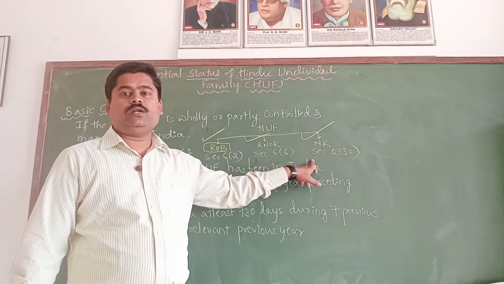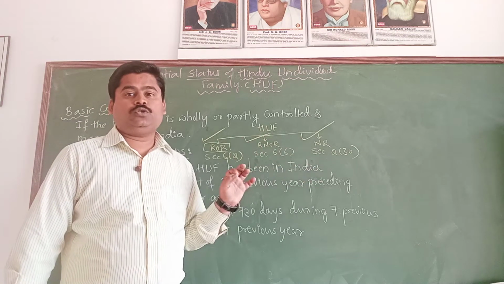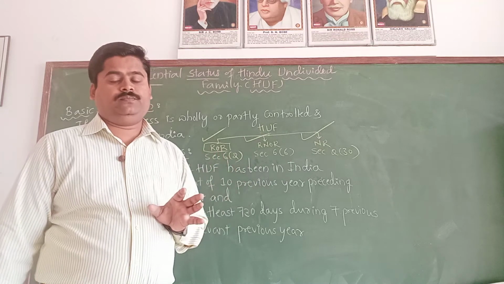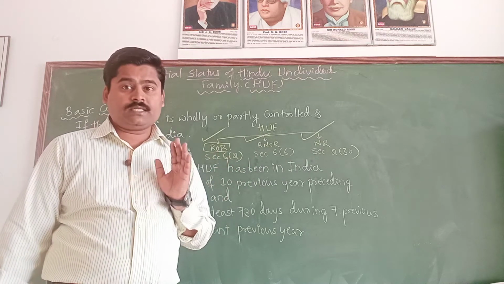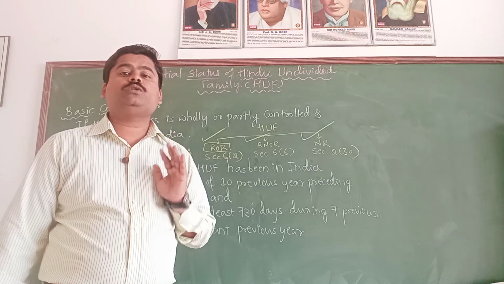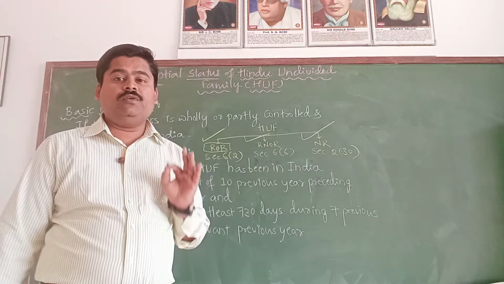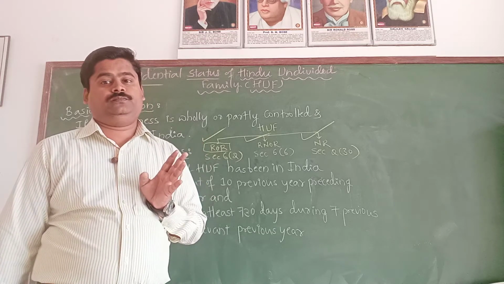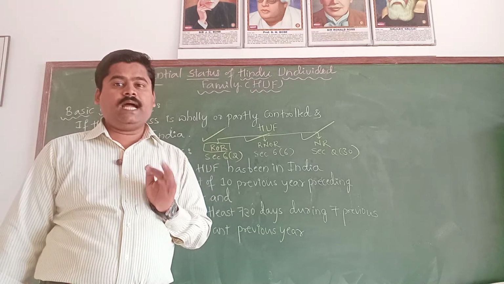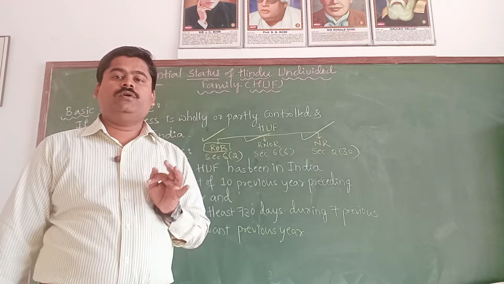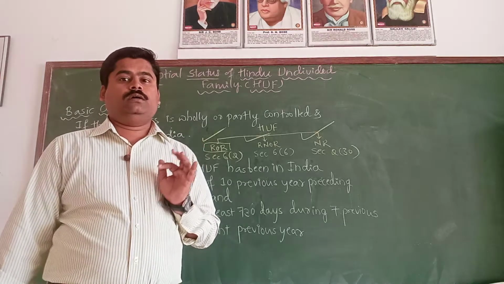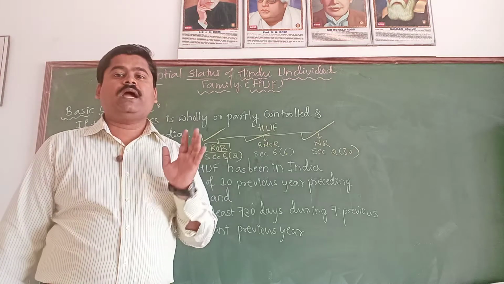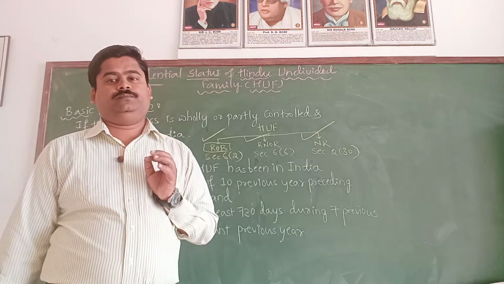And the last is non-resident. Section 2 subsection 30 states about the non-resident. It is so called as a non-resident when it does not fulfill the very basic condition. The very basic condition is that the business of the Hindu undivided family is controlled and managed in India.